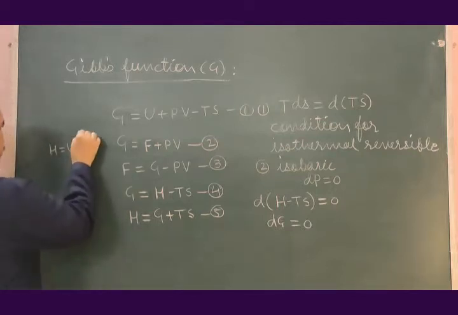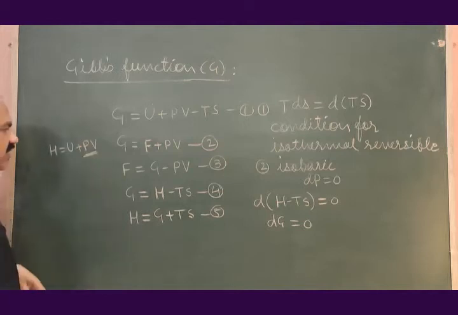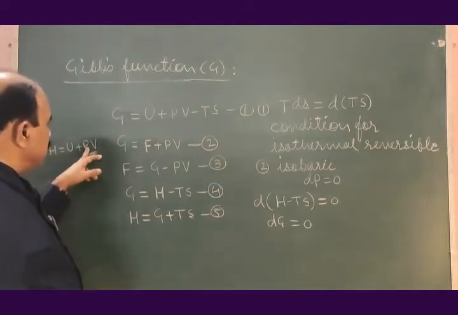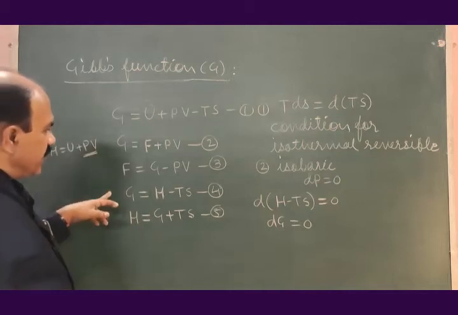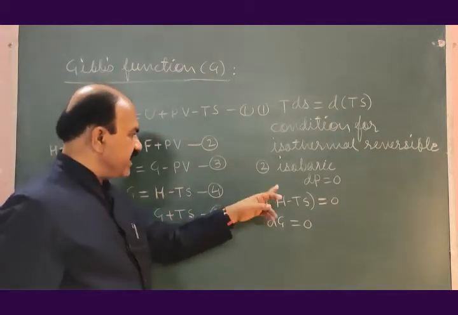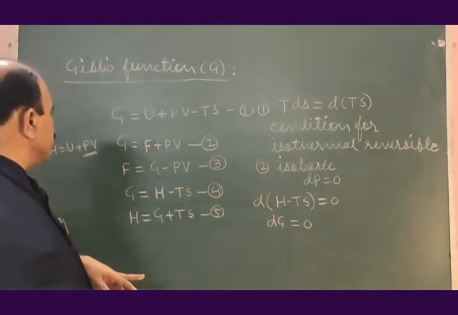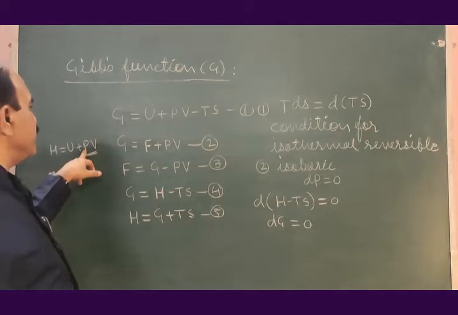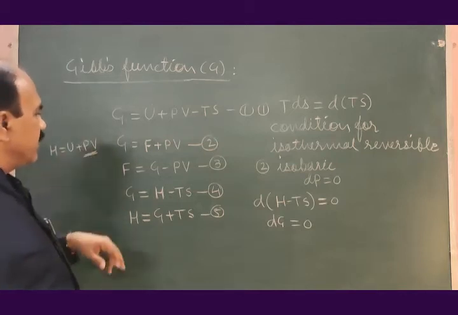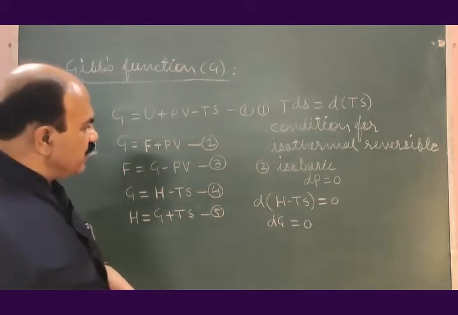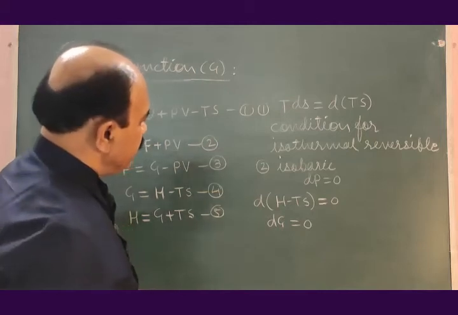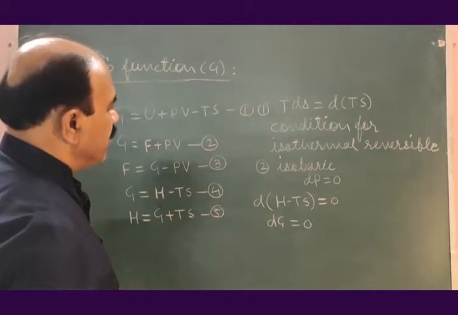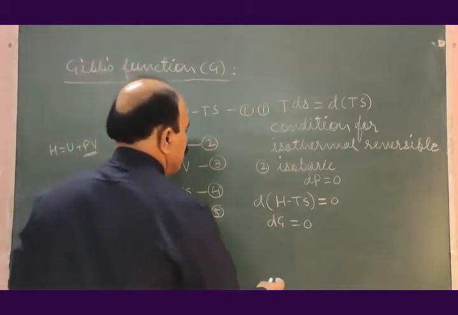If this pressure is held constant, we can write d of H minus Ts is equal to 0, because dP will be 0. Okay, and so d of H minus Ts is equal to 0, or dG is equal to 0.